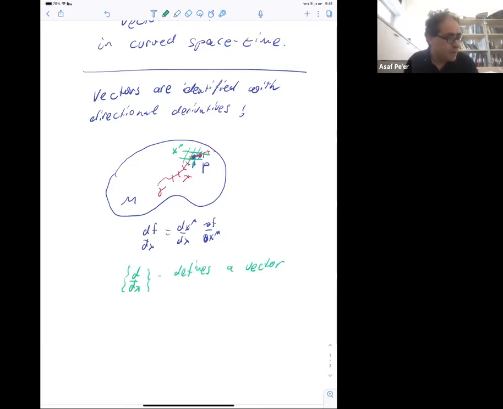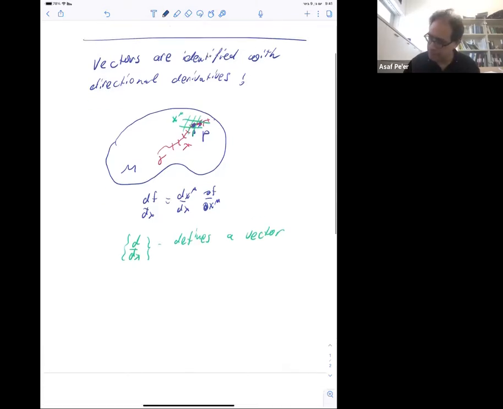All right. And of course, it transforms the same way as we're used to from special relativity. We can think of it as being composed of some basis, which is somewhat arbitrary. So we found a basis, d over dx mu, or call it partial mu.